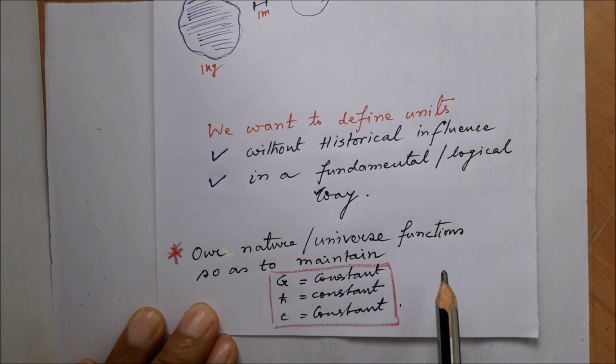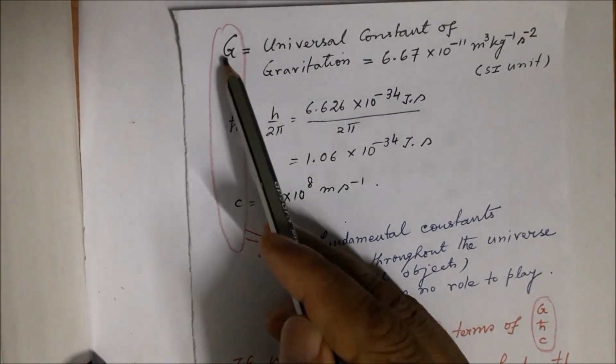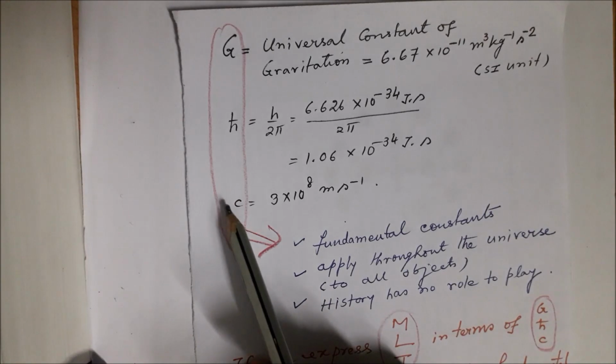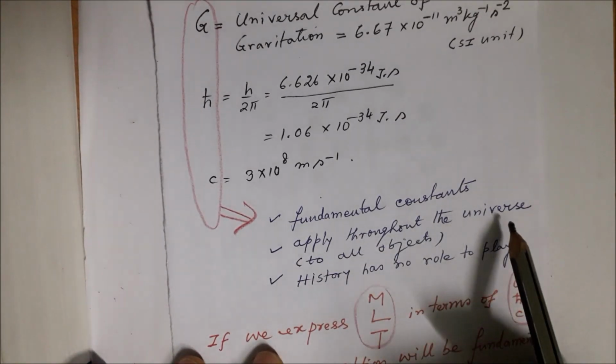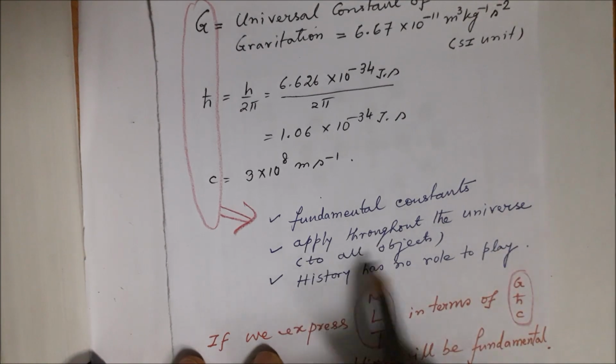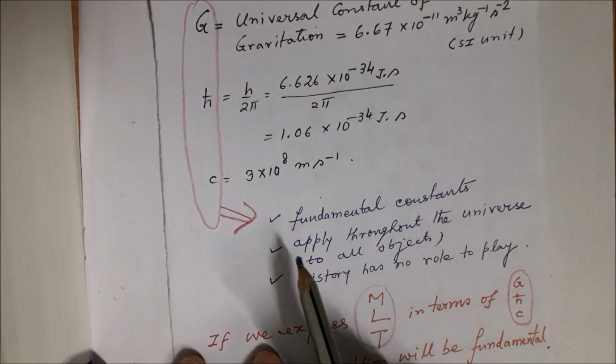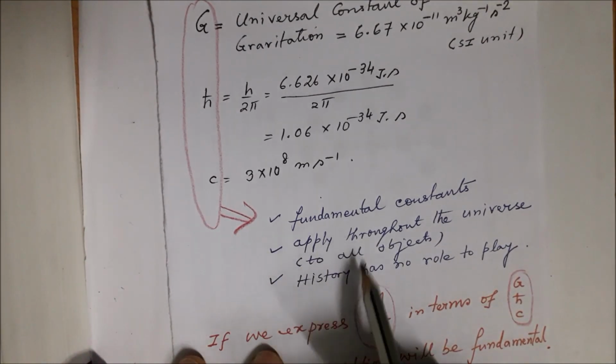They are eternally valid and universally respected. And this G, h cross and c, they are fundamental constants. They apply throughout the universe. They apply to all objects. And here, history has no role to play.